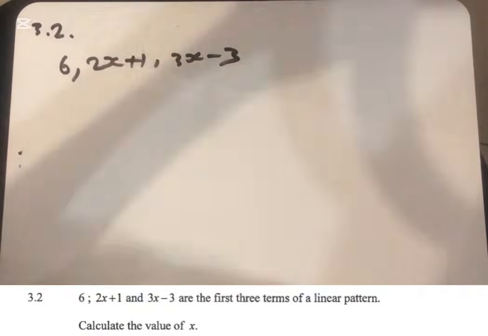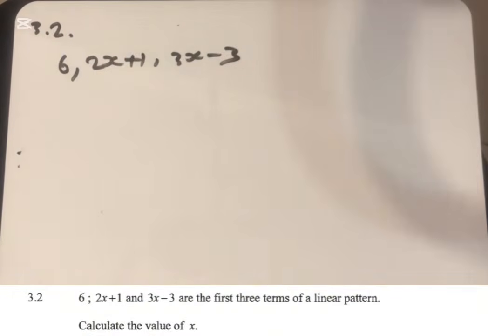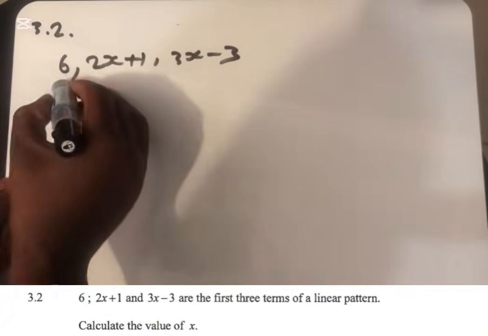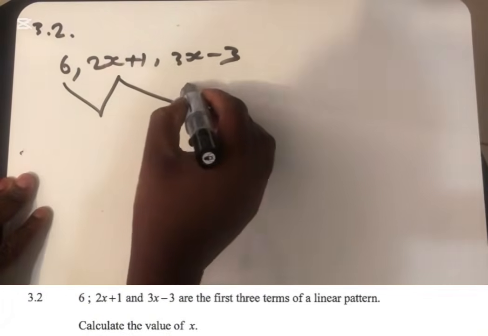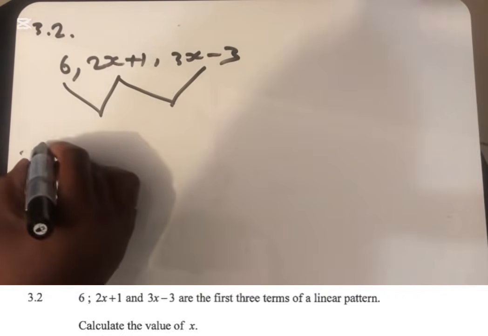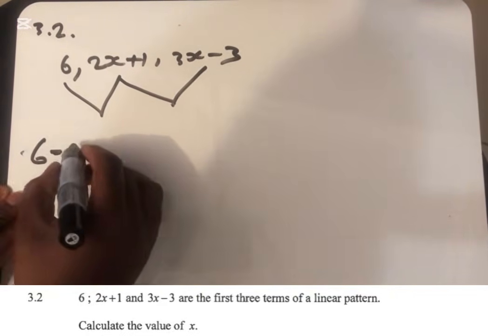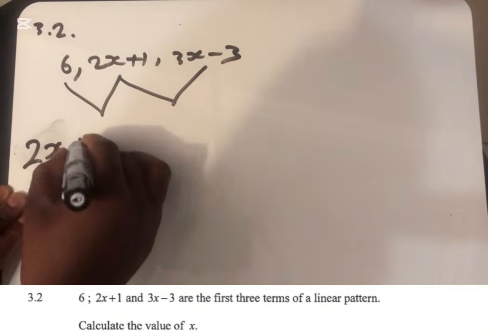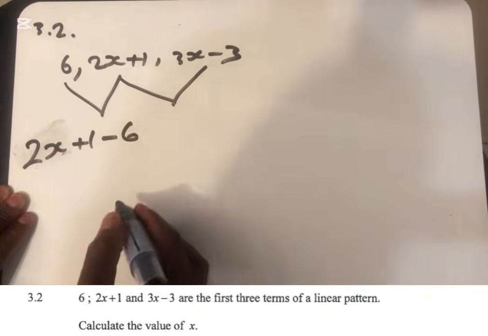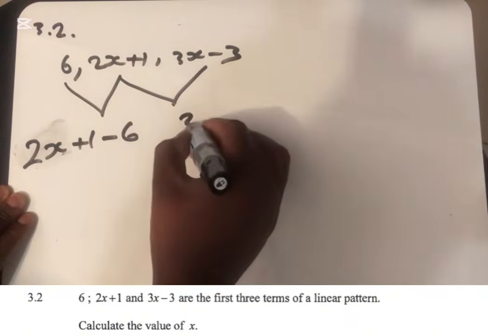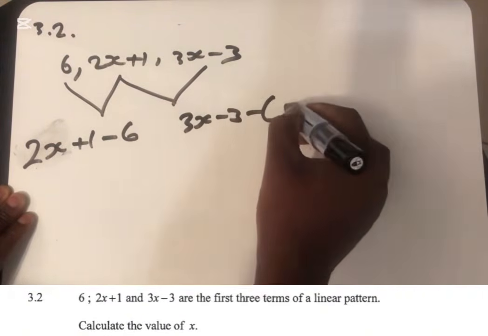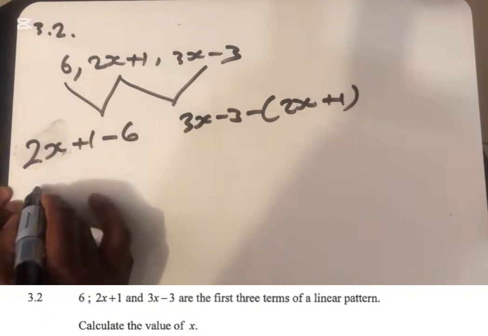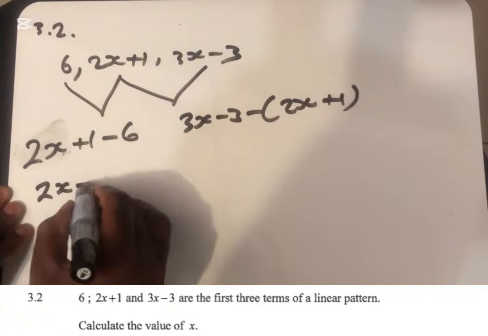Because this is our linear pattern, we know that we must have a constant first difference, which will be T2 minus T1. 2x plus 1 minus 6, or 3x minus 3 minus (2x plus 1), which will result in 2x minus 5.